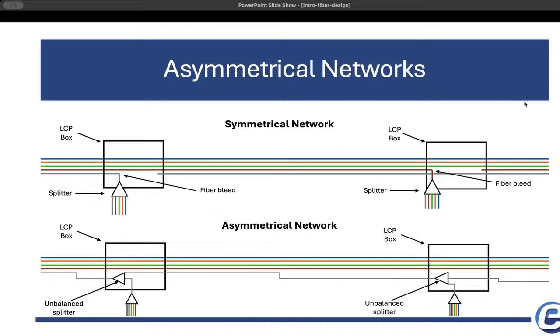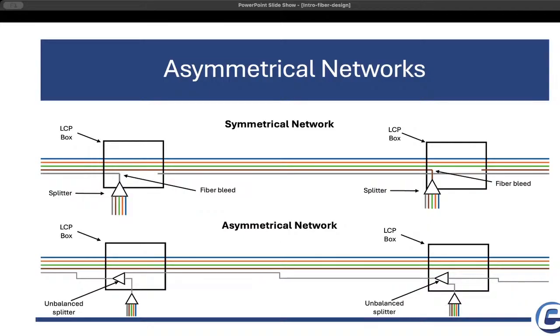So how you do an asymmetrical network is you have an unbalanced splitter. An unbalanced splitter is a splitter that divides one fiber into 2, and there are different kinds of splitters.